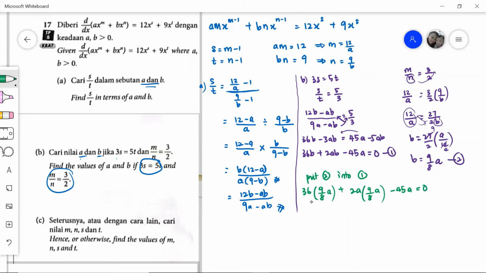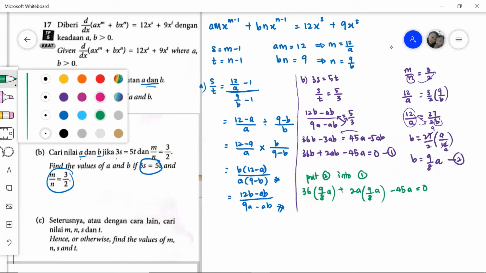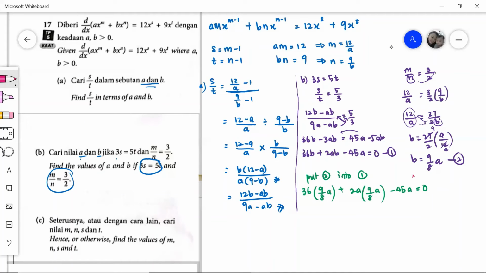Now I multiply both sides by 8 and divide by 9 at the same time, because I want to get rid of the 9 over 8. So let's factorize this way. I multiply the whole thing by 8 over 9 on both sides. So put this 8 over 9 into each and every term.